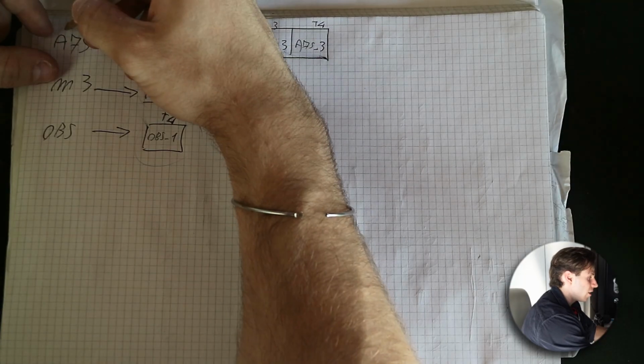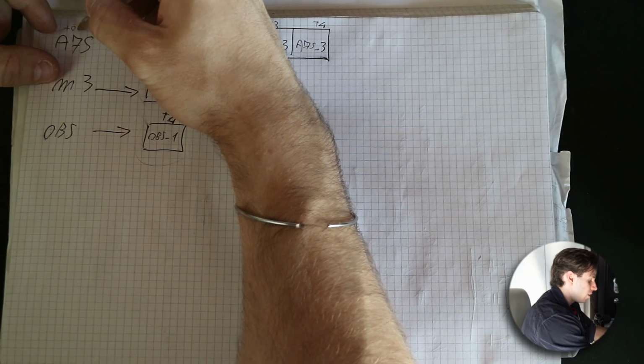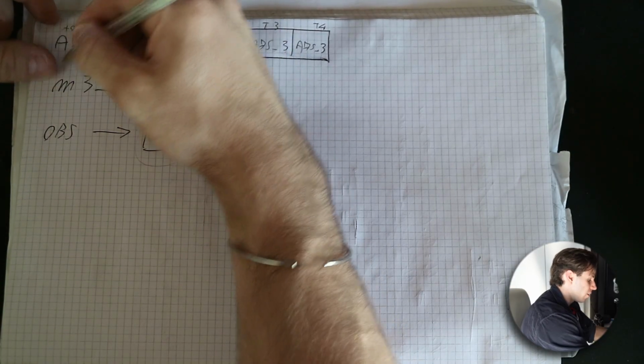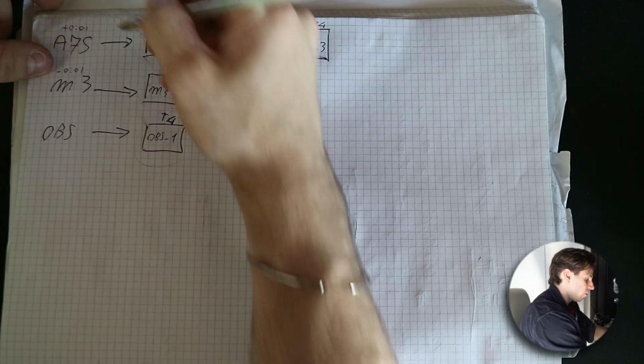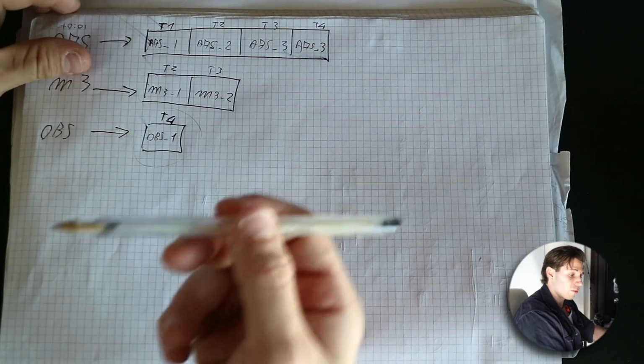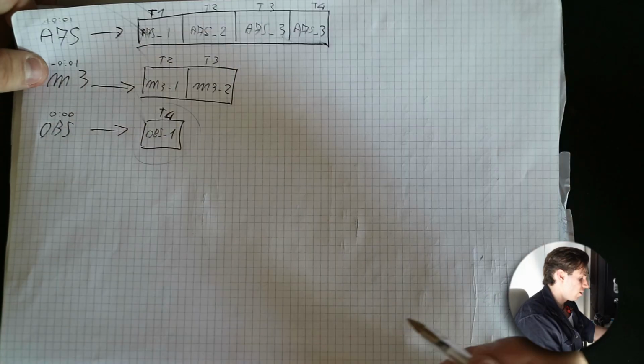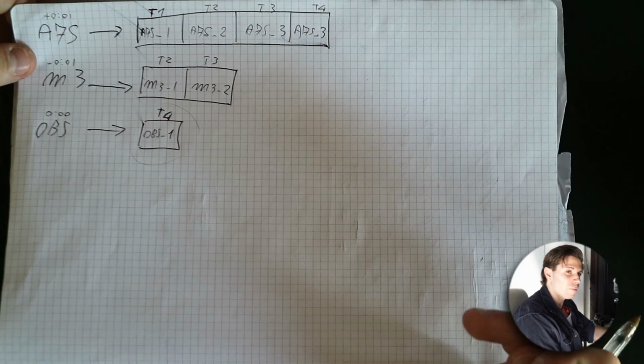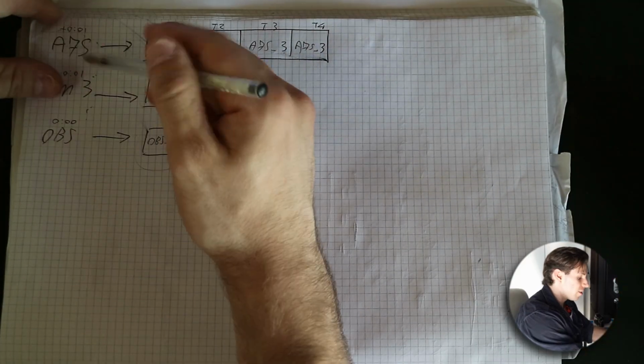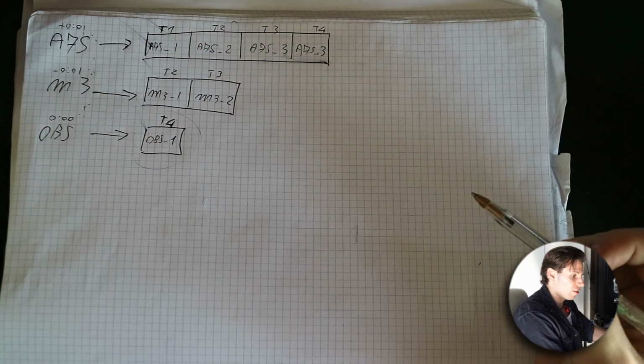For example, the A7S may be shifted by 1 second, this one maybe shifted back by 1 second, and this one may be the actual reference. But what I know is that they are not perfectly synchronized.